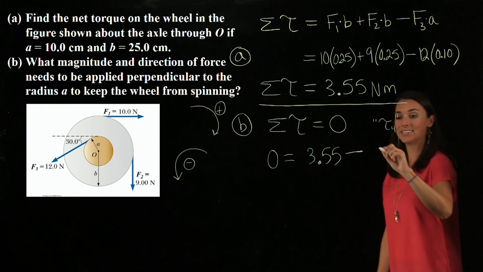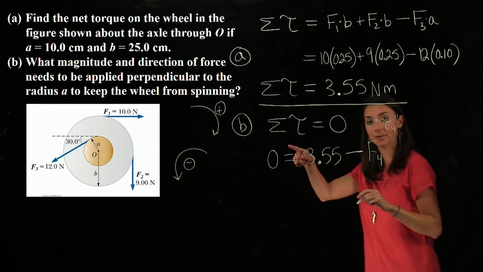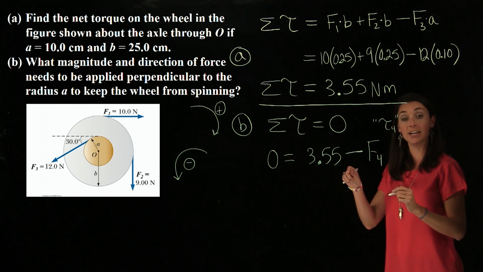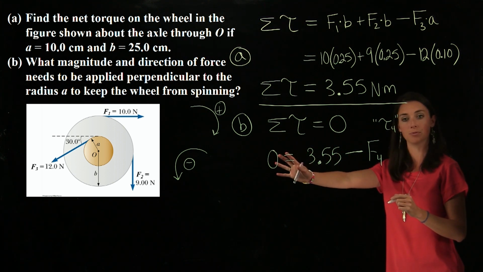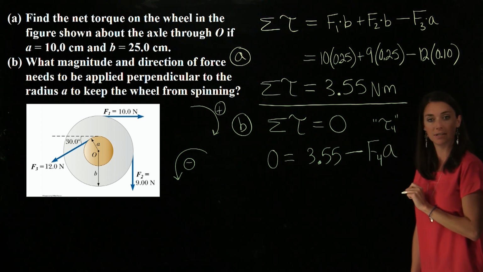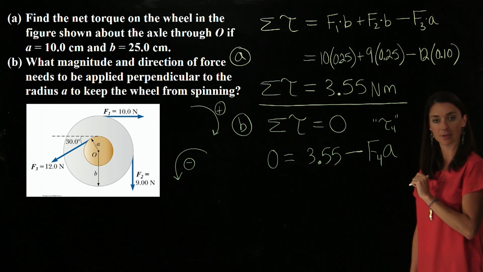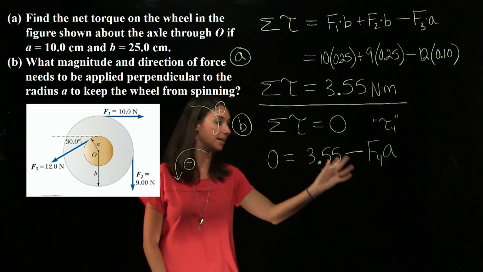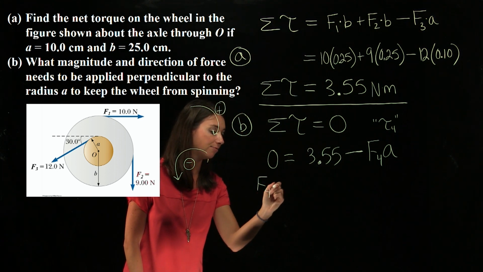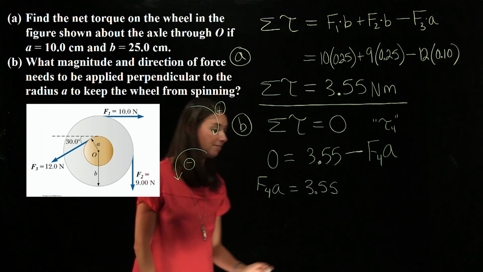So we would need some force 4, and then it says that we're going to apply it to radius A, which was just some given information in the problem. If we apply another force to that smaller orange colored axle, we need to multiply it by A. So you've got your force times your radius. This has to balance out that positive torque, so we'd have F4 times A being equal to 3.55.